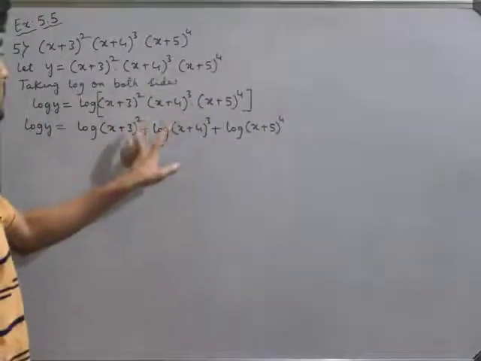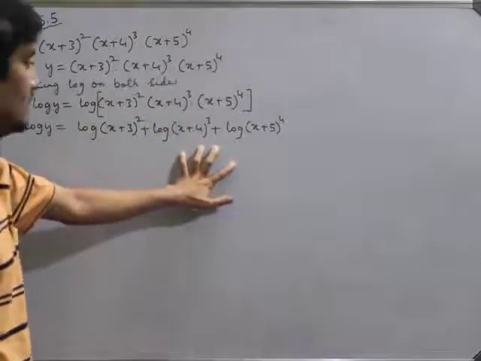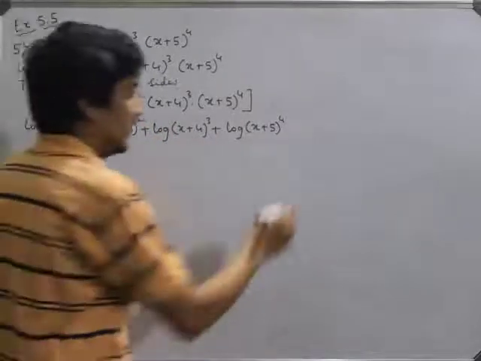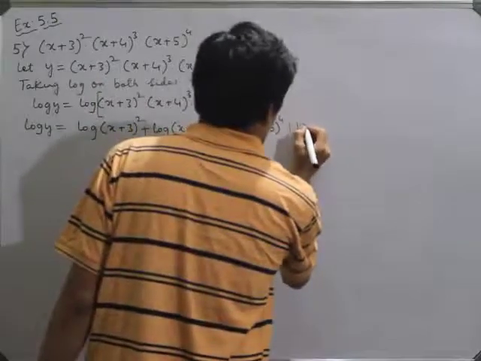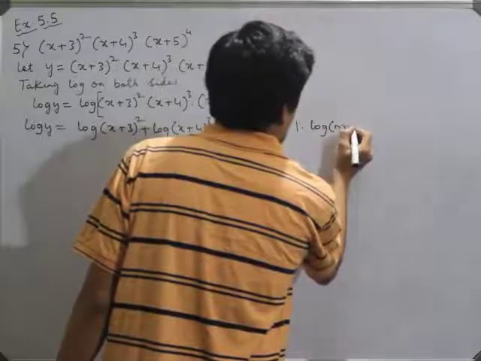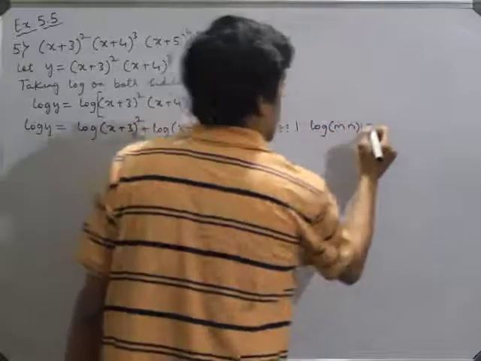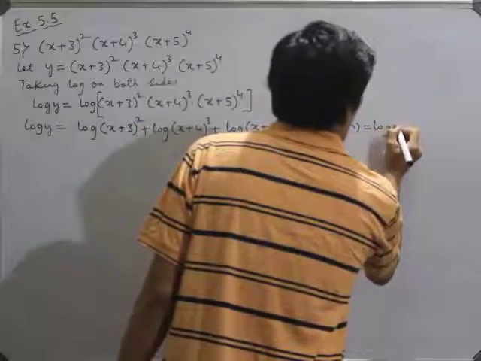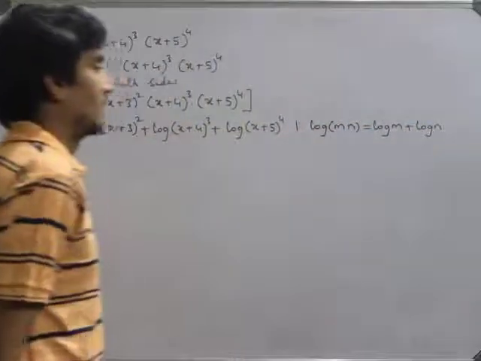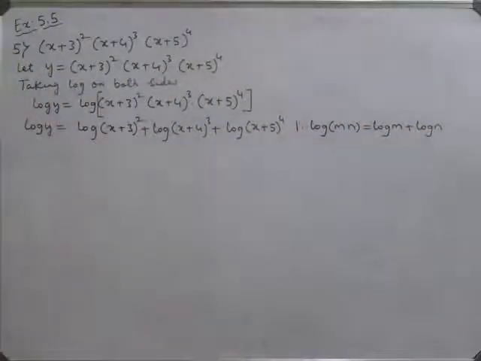From product to addition, it has been converted using the first law of logarithm. And write the justification now, because log of mn is equal to log m plus log n.